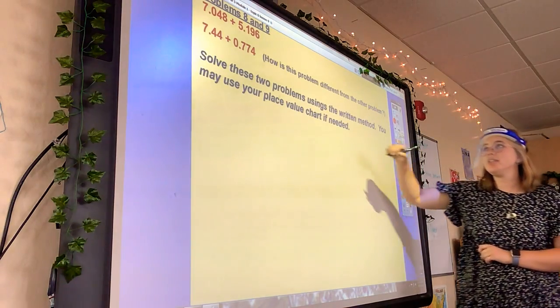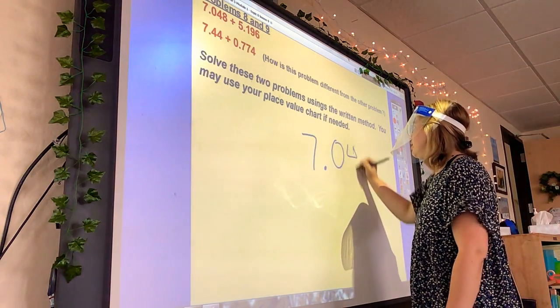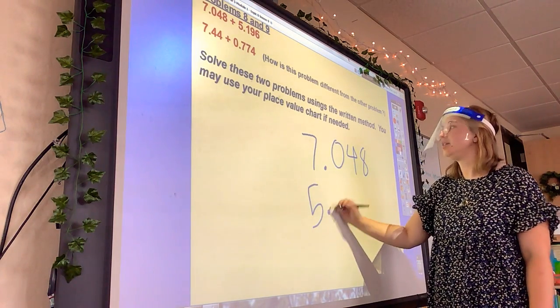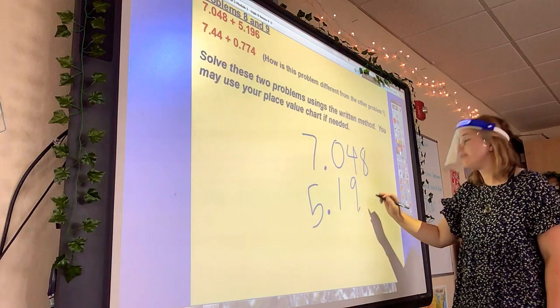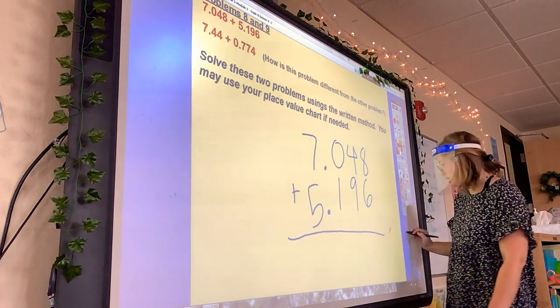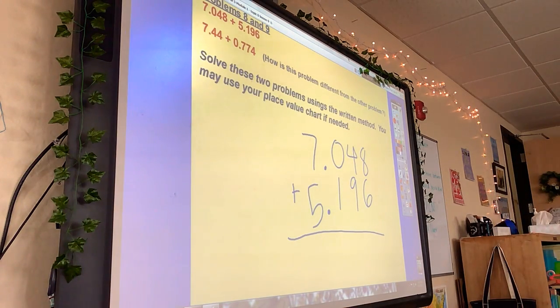Go ahead and do this one. Actually, go ahead and solve it in your notebook. Okay. So solve this in your notebook so you practiced it on your own in there, and you can use it as notes. Okay?